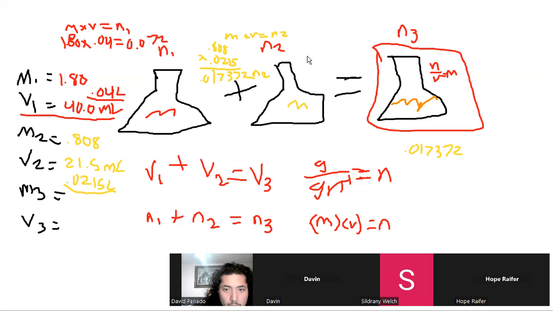Well, we need M3, right? Yeah, we're looking for M3. So we have moles 1 and 2, we added that together. Then we would divide by V3 to get M3.